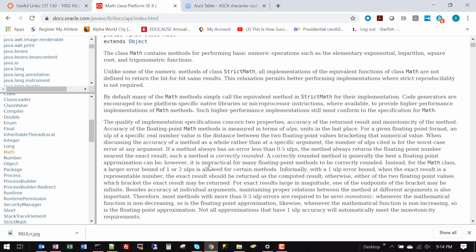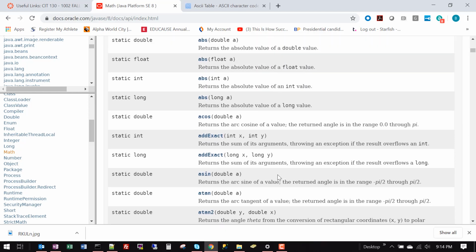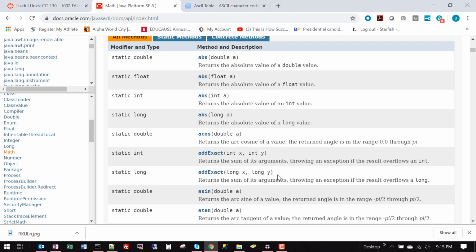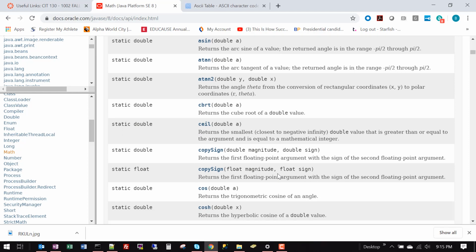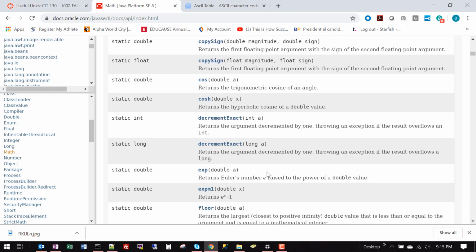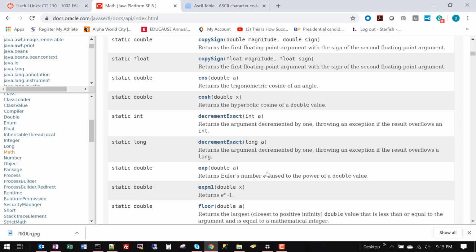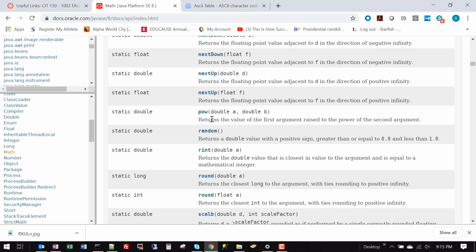The math class gives us a number of mathematical operations that don't fit into that simple calculation like addition, subtraction, multiplication, division, modulus, like our trigonometric functions, our sines and cosines, tangents, and some things like exponential math, where we do powers of things, pow, double A, and double B, which takes A raised to the B power.